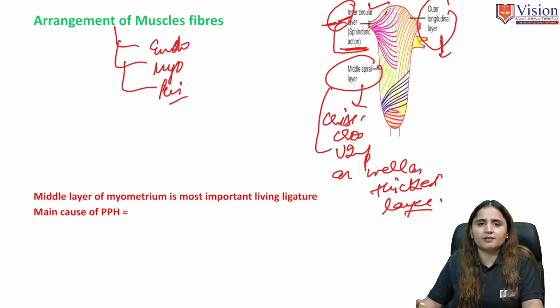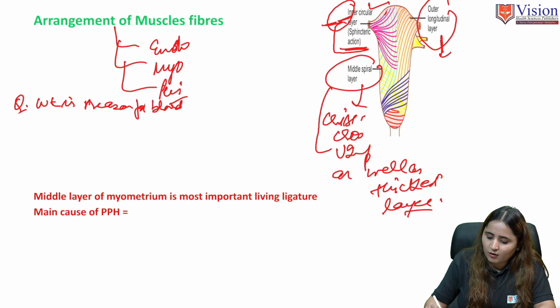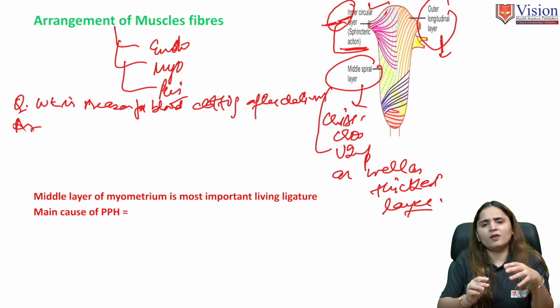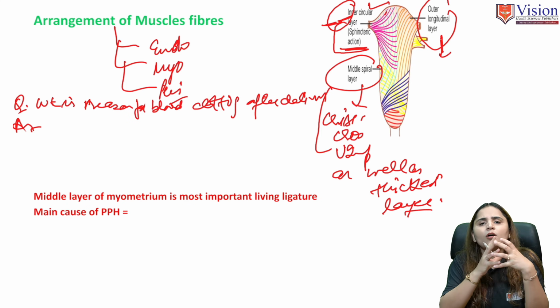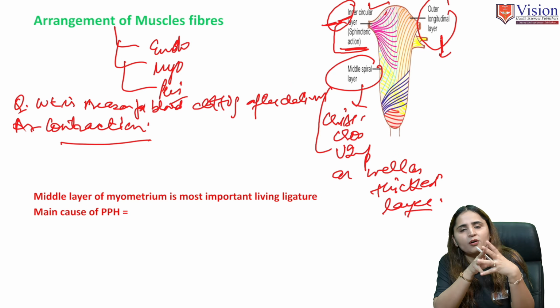We all know the question here is what is the reason for the stoppage of blood after delivery. We already discussed in the third stage that it is the contractions which lead to the stoppage of the bleeding.